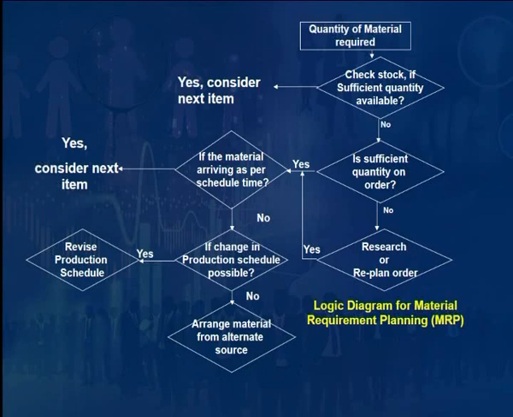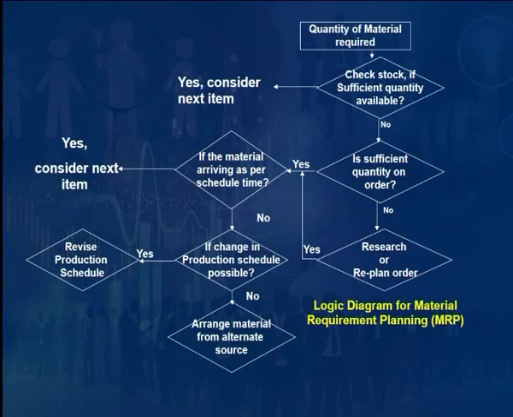No, then you have to ask the question whether sufficient quantity is ordered. If yes, then go for the next item. If no, then replan your orders. So you can see on this slide there are various permutations and combinations which I have just discussed.